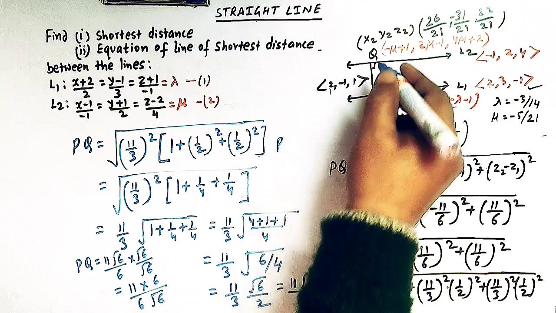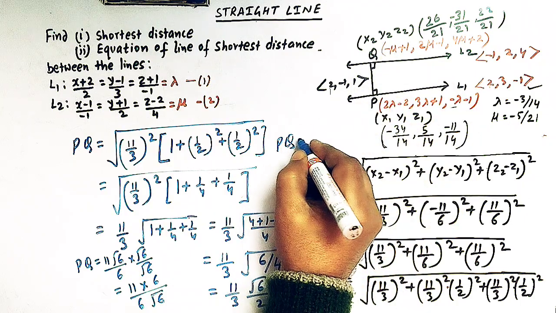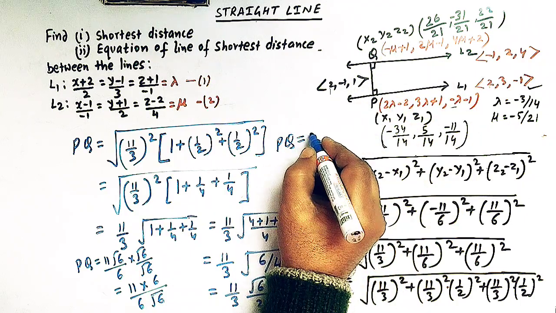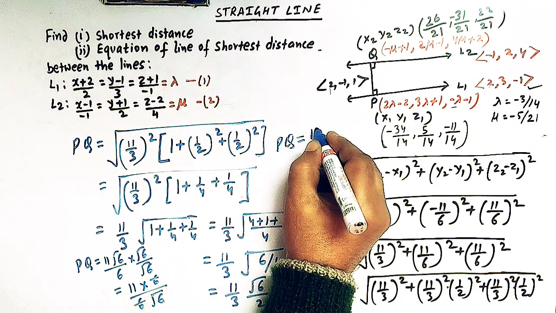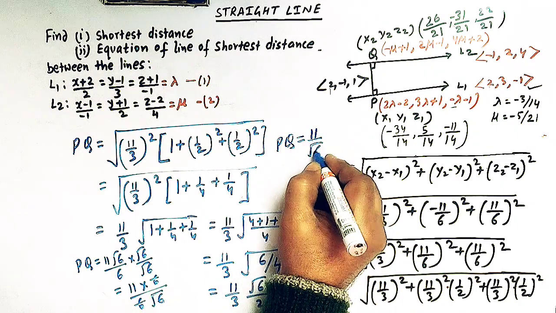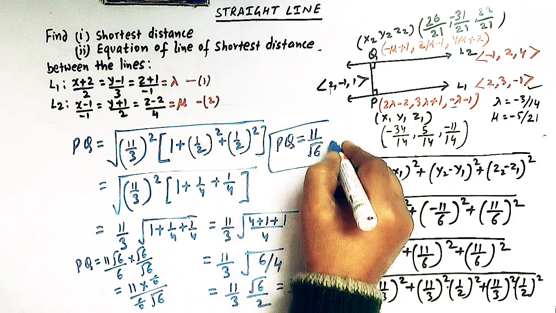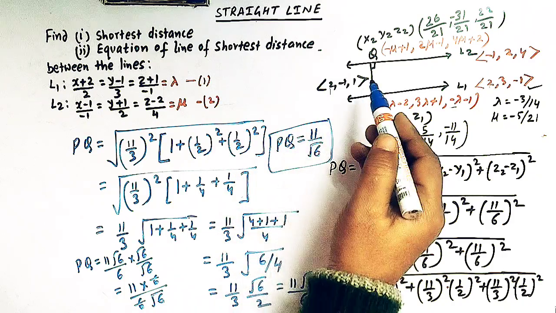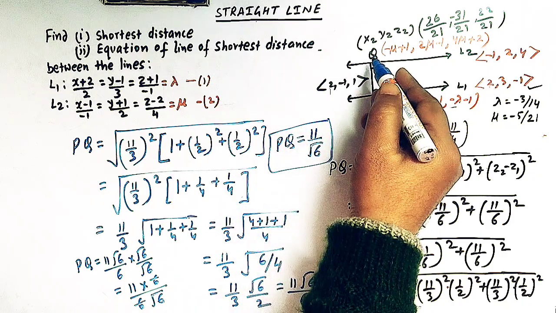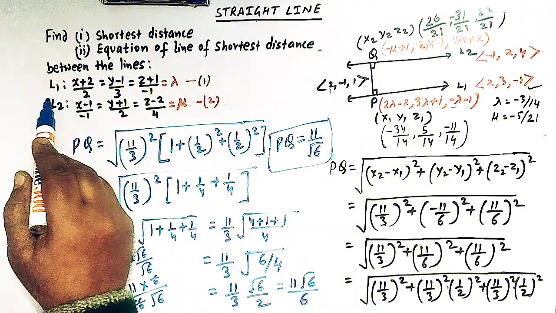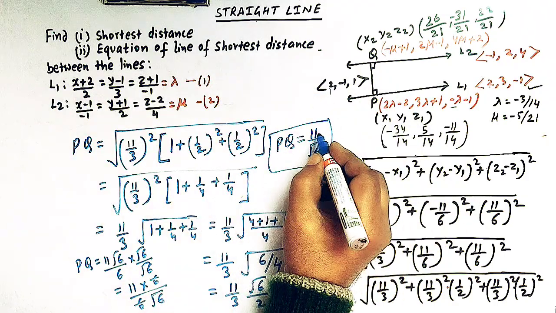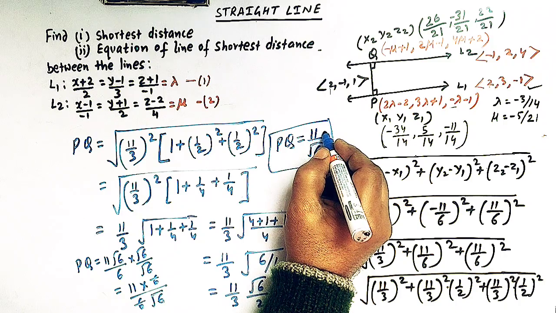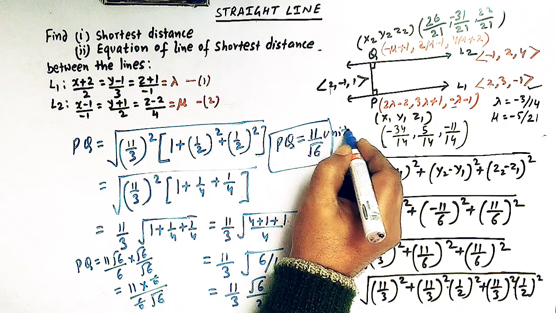So the length of the shortest distance, that is PQ, is given by here 6 and 6 get cancelled. So we have 11 over square root of 6. So this is the length of the shortest distance between the two lines L1 and L2, and PQ is equal to 11 over square root of 6 units.